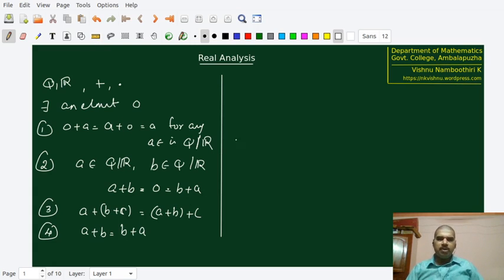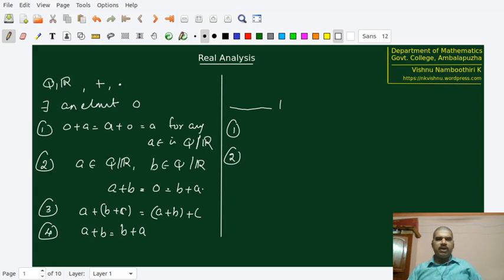Therefore, we have multiplicative axioms: in the place of 0, there exists an element 1 such that, instead of 0 + a = a, we have 1 · a = a · 1 = a for any a in Q or R. The second condition is that if a belongs to R, there exists b belonging to R, or if a belongs to Q, there exists b belonging to Q, such that a · b = 1 = b · a, provided that a is not equal to 0.